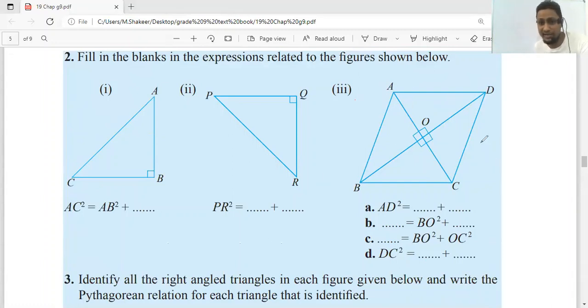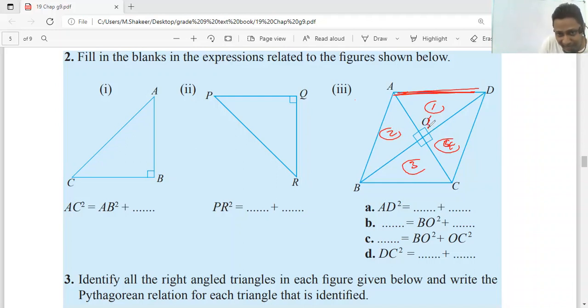In this question, you can understand question number 3, row number 3. According to that, you know how to find the answer for these things. Look at it. Here we have 4 right angle triangles. I'll put the names: this is 1, here I'll put 2, here 3, and this is 4. So AD squared, first go and find it. Where's AD? This is AD. It's the hypotenuse of this triangle, ADO, triangle number 1.